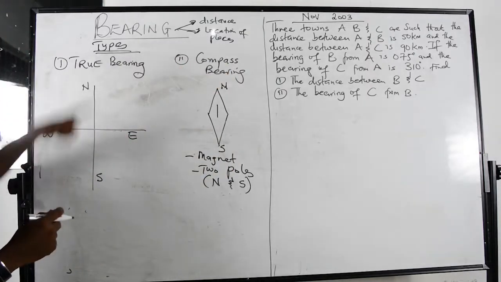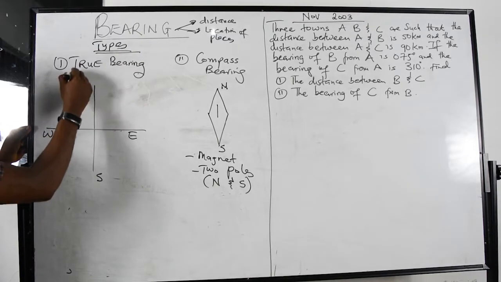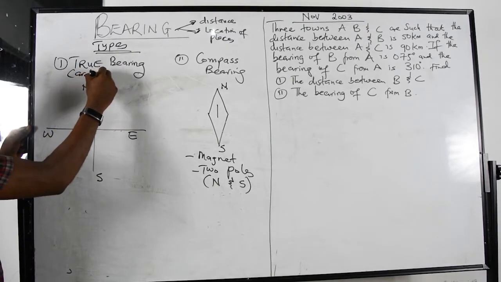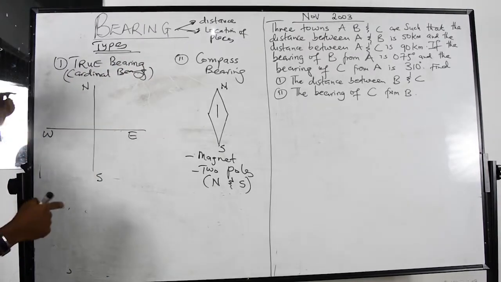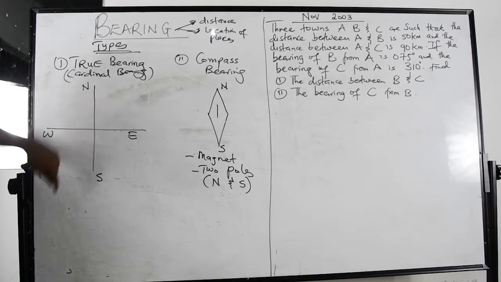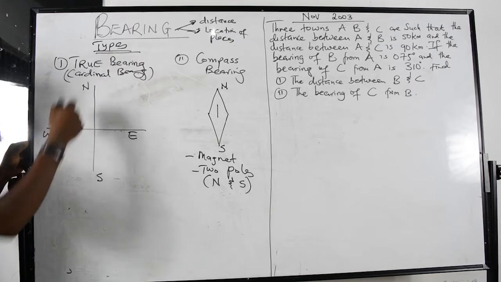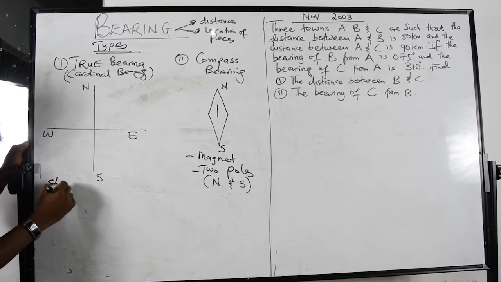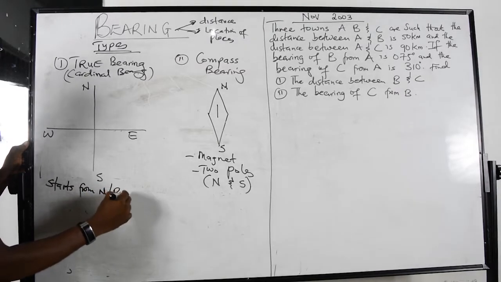So let's look at the true bearing, which is what is called cardinal bearing to be precise. This is cardinal bearing. Here it takes reference with the poles of the cardinal points. So we look at the cardinal points, north, and the bearing starts from the north pole.